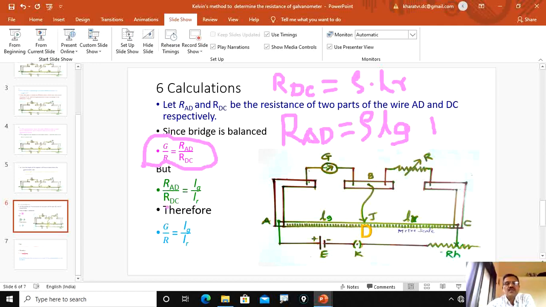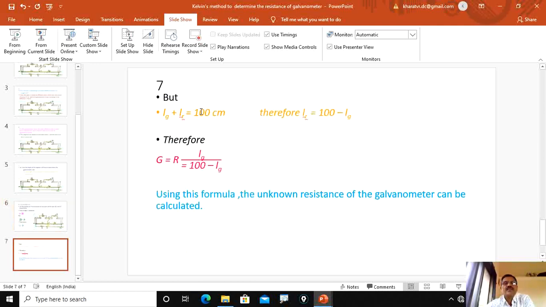Let's substitute this value in this equation. We will get G divided by R is equal to LG divided by LR.